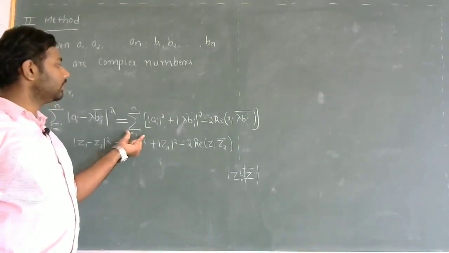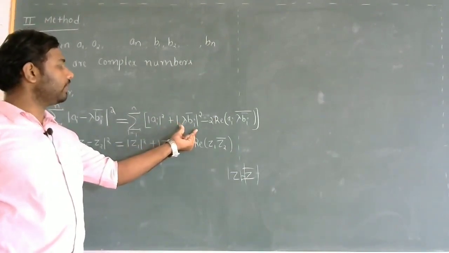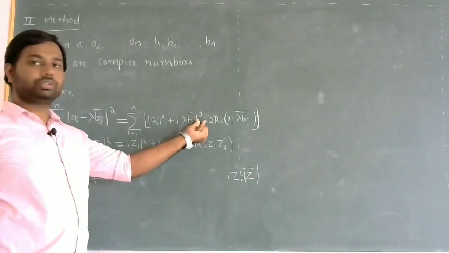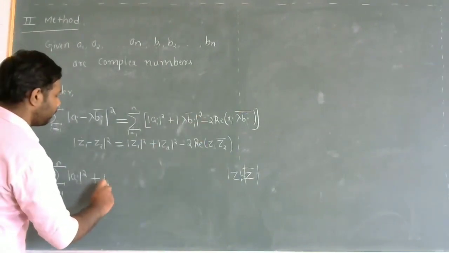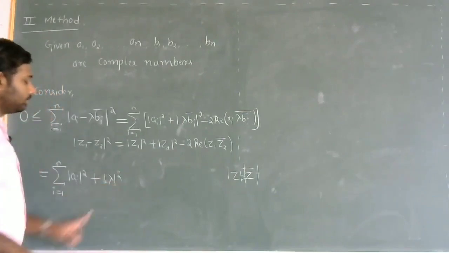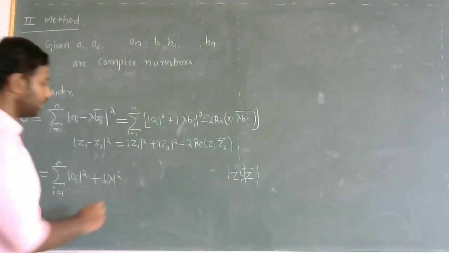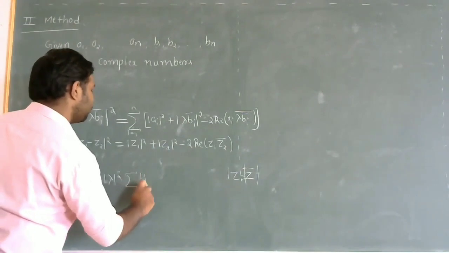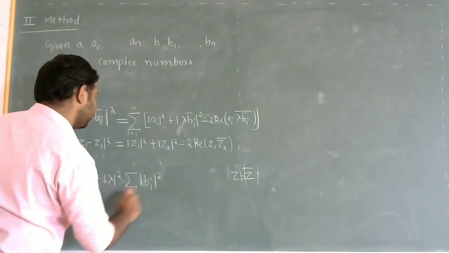So summation of modulus of lambda bi bar whole square is modulus of lambda whole square into summation modulus of bi whole square.